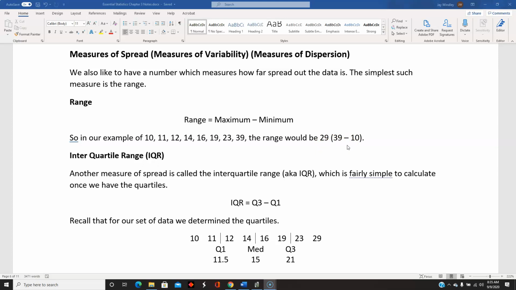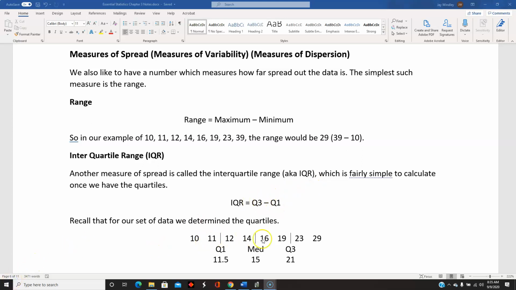That's very simple. Another measure of spread is called the Interquartile Range, which is abbreviated IQR, and that's also pretty simple to calculate once you have the quartiles, because it's just the distance between quartile 3 and quartile 1.